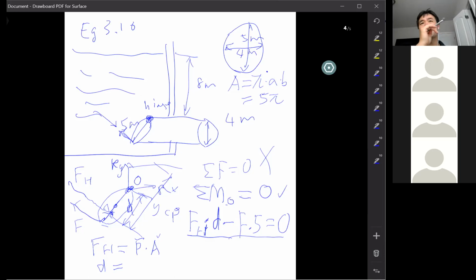I want you to explain it. What is H? So how do you find H then? The height from the water level to the centroid. That's right, centroid. You're using a point pressure to represent the average pressure.